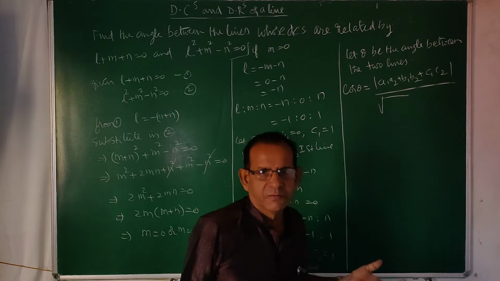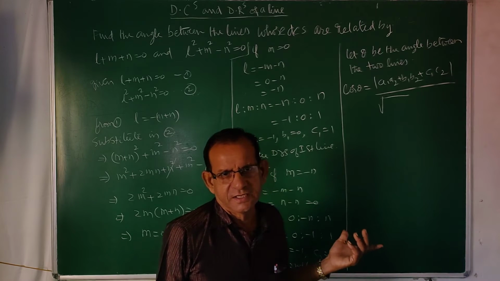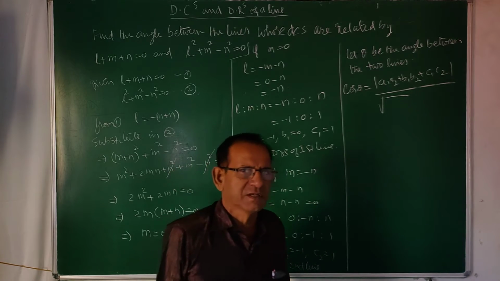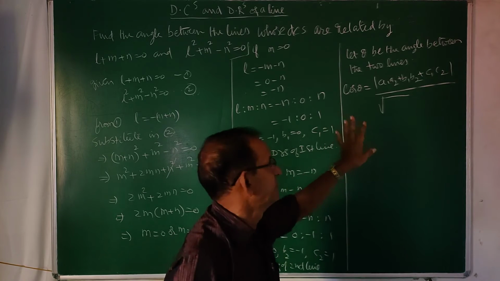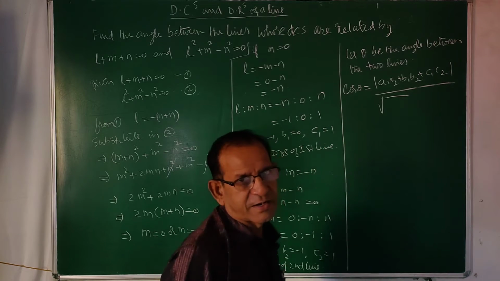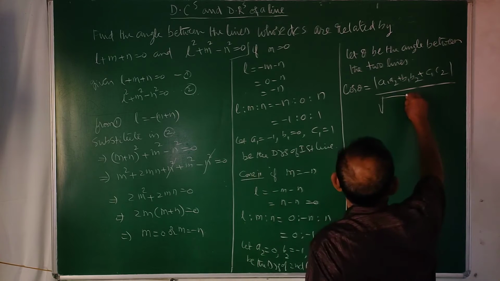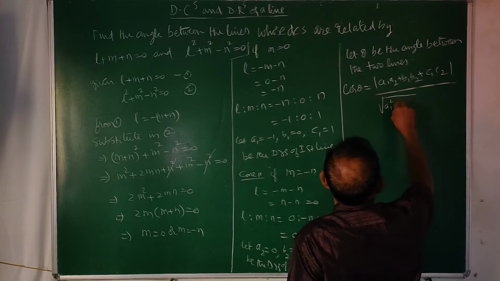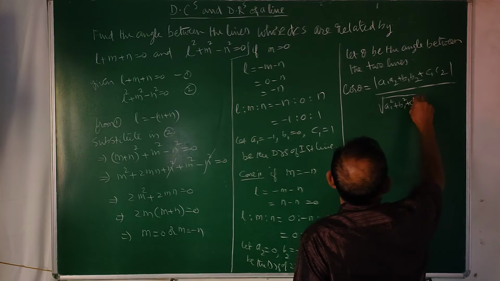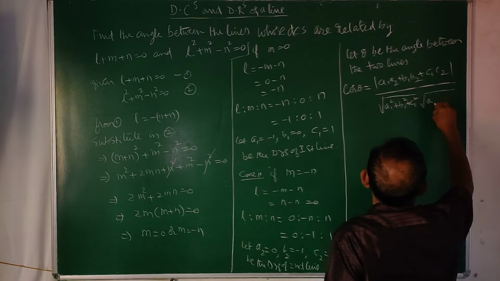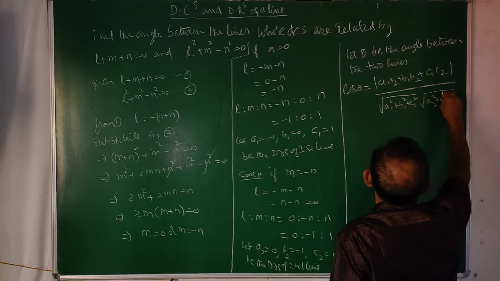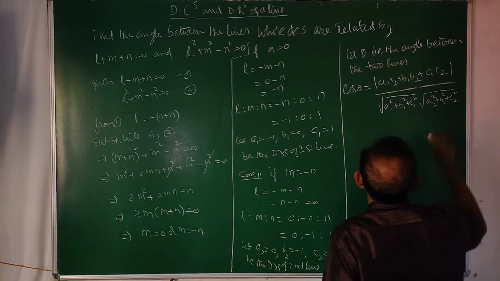If they are L1 M1 N1, L2 M2 N2 the DCs, then L1 L2 plus M1 M2 plus N1 N2 is the value of cos theta. But now the DRs are there, not DCs. That's why I have to convert them to DCs: root of A1 square plus B1 square plus C1 square into root of A2 square plus B2 square plus C2 square.